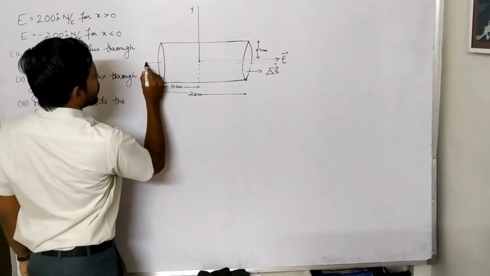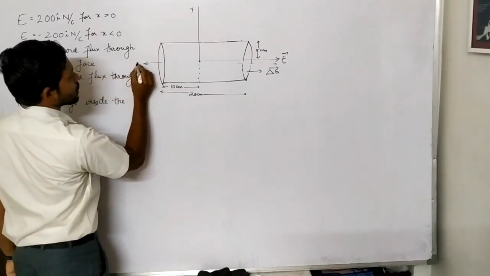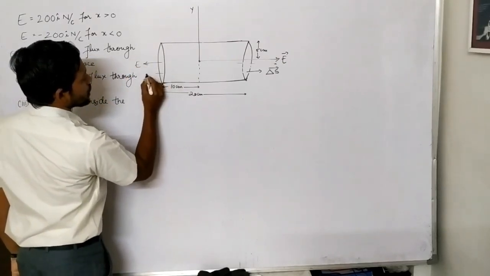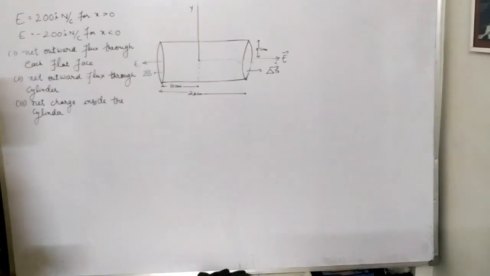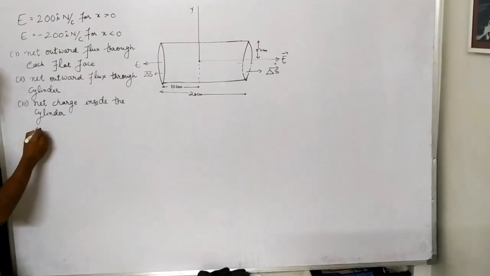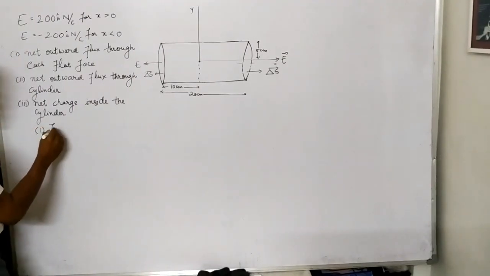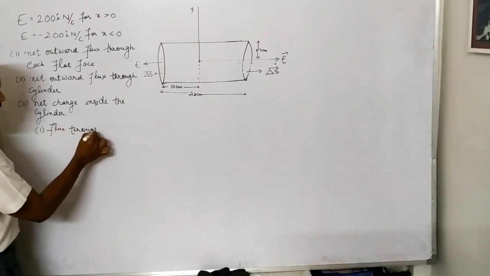Here the electric field will be given as minus 200 i, so it is E, and this is the direction of the area vector, right? First we start with the left face. Flux through the left face.